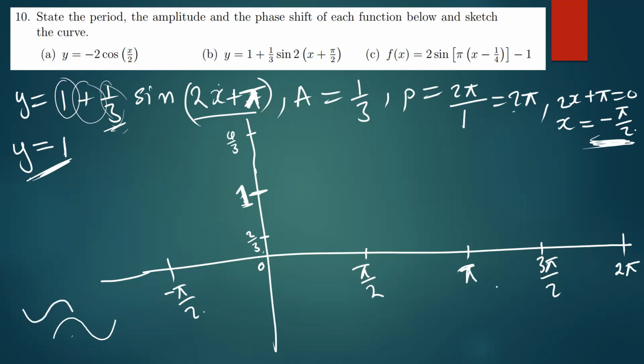So since we have a positive in front, we expect it to start from this point. We said it's going to start from where? From x is equal to negative half. So we expect it to start from there, and then it will go up.